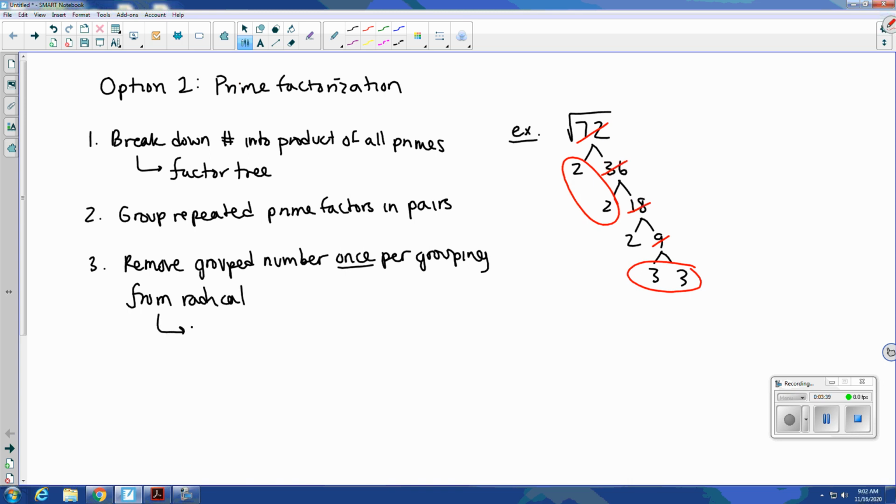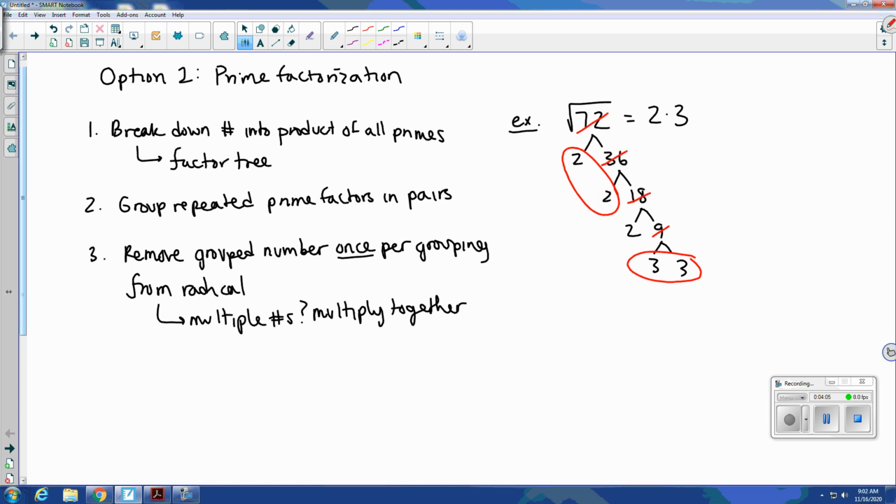If you have multiple groupings, multiple numbers to remove, you multiply them together. So I have one group of 2, so I remove 1, 2. I have one group of 3, so I remove 1, 3. There were multiple numbers I was removing, so I'm going to eventually multiply these together.